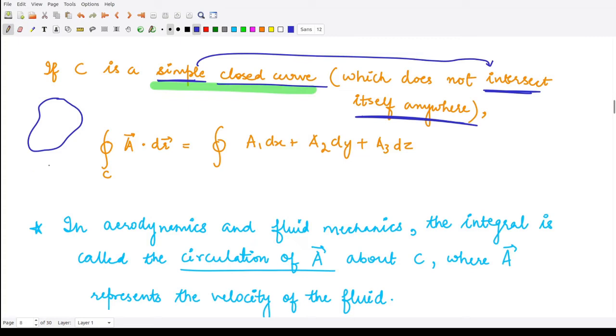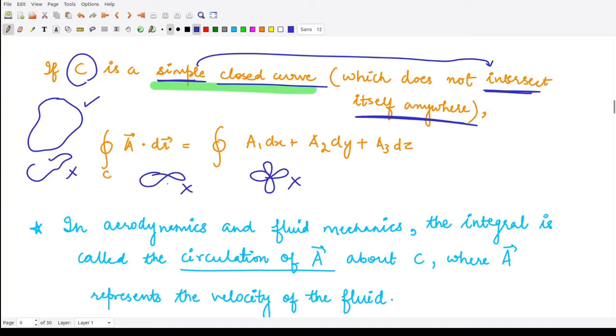This is correct. We do not want a curve of this kind, this is incorrect, and we also do not want a curve of this kind. These curves are not allowed because they intersect themselves. So our curve should be a simple closed curve.